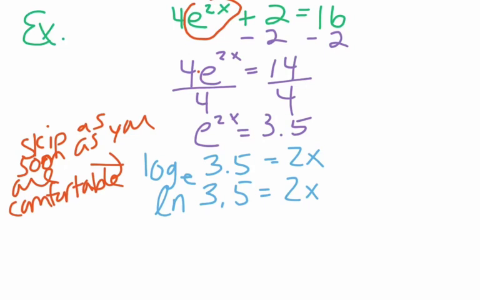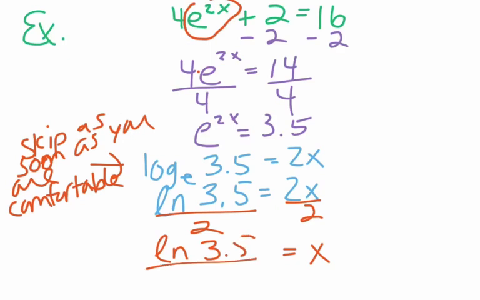If that happens, you just don't evaluate the logarithm on your calculator. You would just skip straight to divide by 2, and so your answer would be x is equal to the natural log of 3.5 over 2.